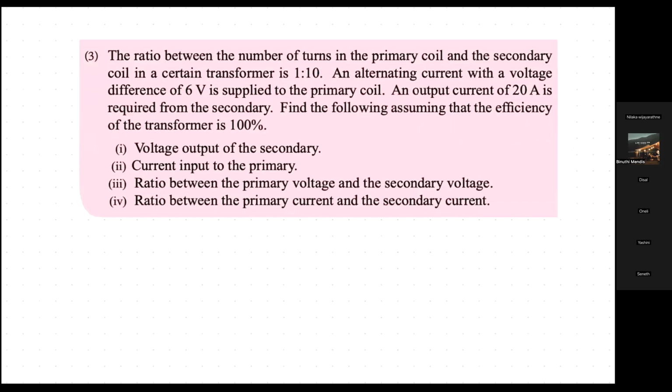Okay, kids. Shall we do this question? This is from your exercise, the last exercise of this lesson, exercise 13.5.